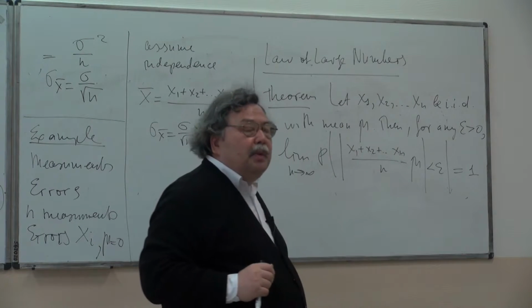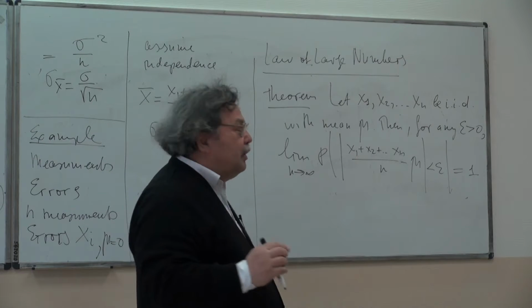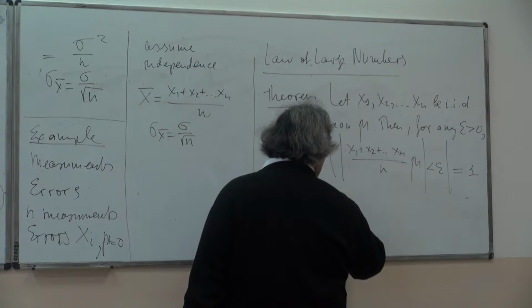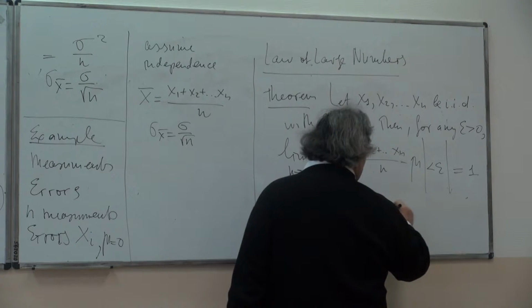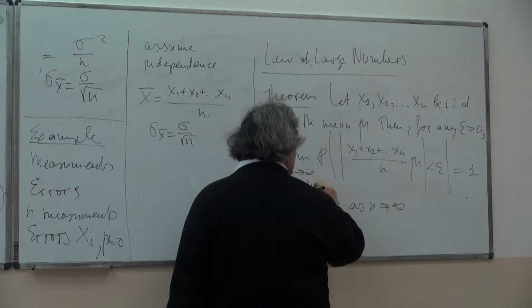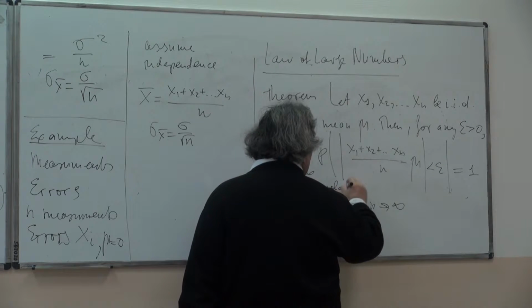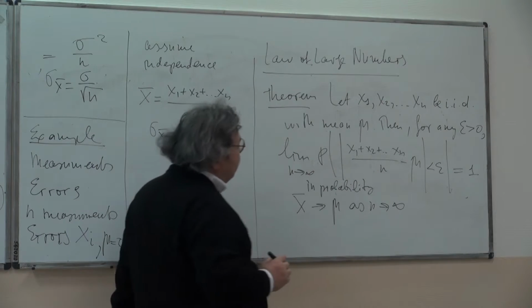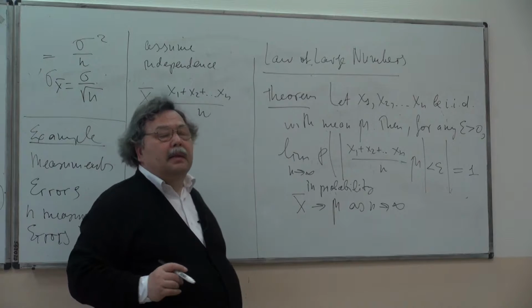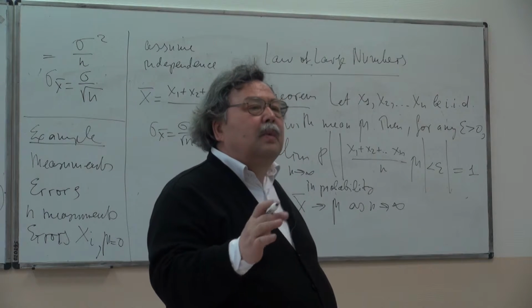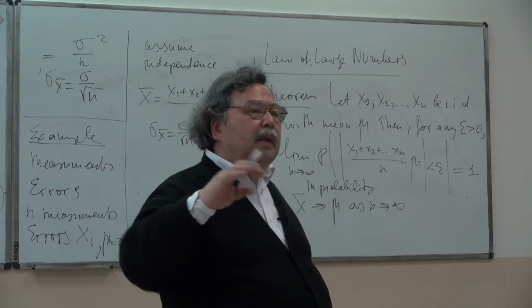Well, a simpler way, but not a formal way, to write it is this. X bar approaches mu as n goes to infinity, in probability. In probability theory, there is more than one type of limit, okay?